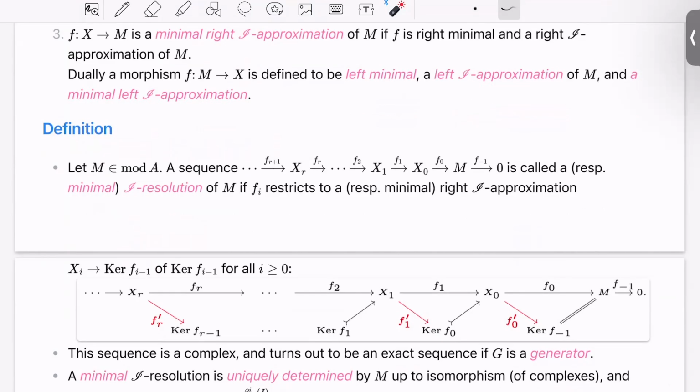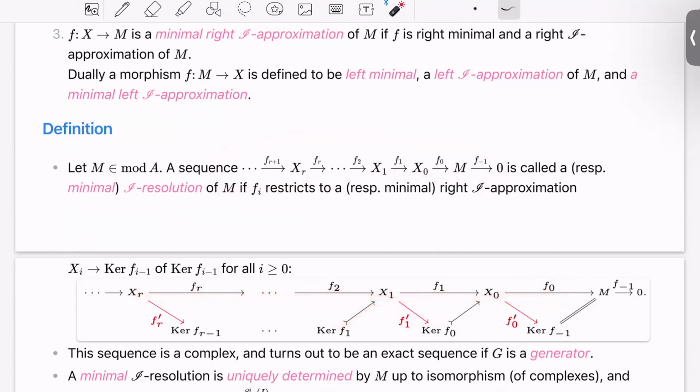We define the I-resolution here. So an I-resolution is a sequence of this form, ending in M, such that this F0 is a right approximation. Then take its kernel, and construct again a right approximation, and so on, to have this sequence.